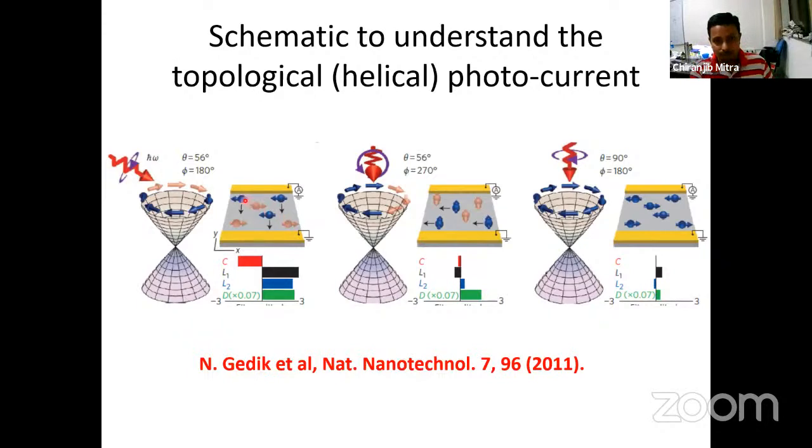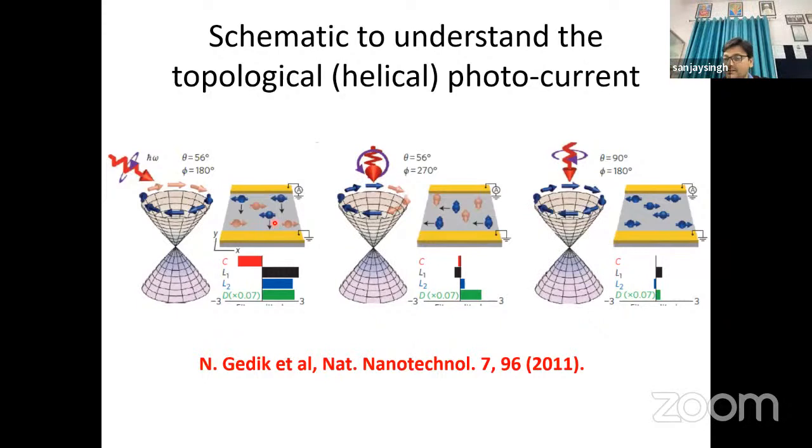However, if I have right circularly polarized light, it will excite one type of spin. When I have left circularly polarized light, it will excite another type of spin. So the direction of the photocurrent will change. Okay, thank you, Dr. Mitra. If there are no more questions, let's thank the speaker and go to the next talk.